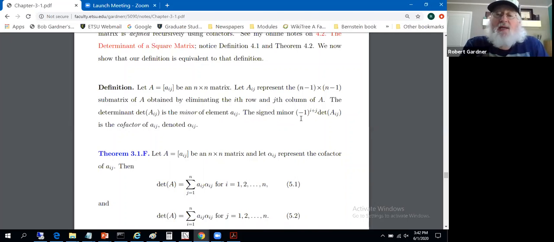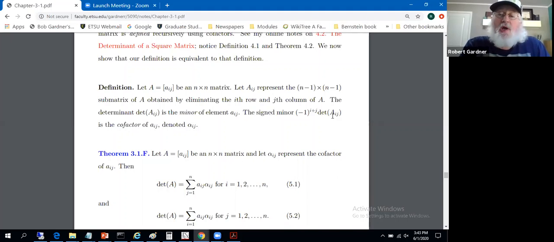And when you put a sign on it, the sign being (-1) to the i plus j, so it's dependent on even and oddness of these indices, then this number is called a cofactor of a sub ij and denoted as alpha sub ij. Okay, so minor matrices are probably familiar to you. Minor element, I don't know so much about that, but certainly cofactors. Minor matrices and cofactors is probably how you dealt with determinants in linear algebra.